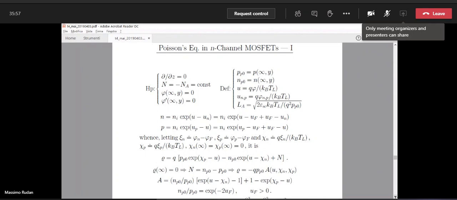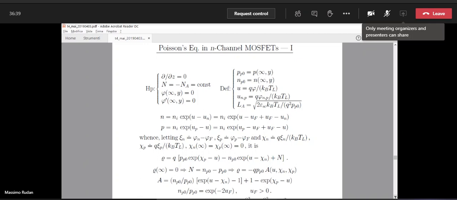But at this point, we remember that the quasi-Fermi potentials, near the interface with the insulator, do not depend on the x coordinate, because we do not have a component of the current that is normal with respect to the interface.